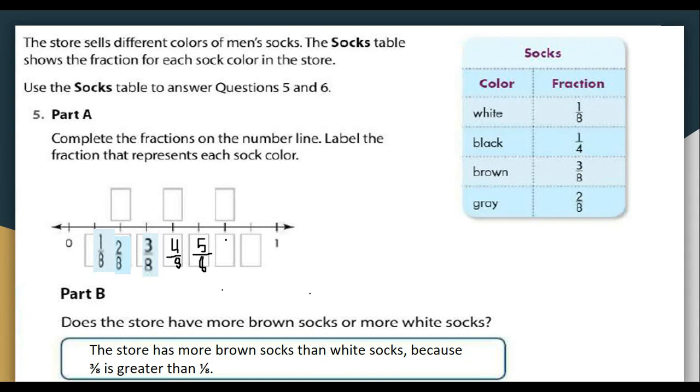The next one would be 6/8. The next one would be 7/8. What will we name the one that is marked 1 whole? Go ahead and jot it down on your paper. After 7/8, it would be 8/8.